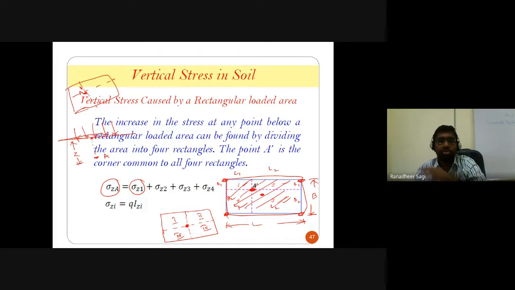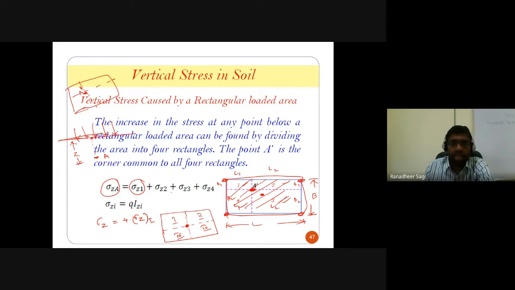Why will sections 1, 2, 3 and 4 have the same length and width? Because the point where I am calculating my increment in stress is the center of that loaded area at a depth of z meters. So obviously I can write it as: the vertical stress developed at the center of your loaded area is equal to 4 times the vertical stress at that point at a depth of z because of any one of section 1 or 2 or 3 or 4.